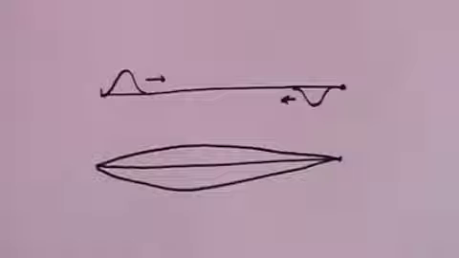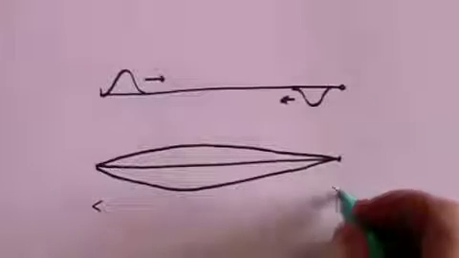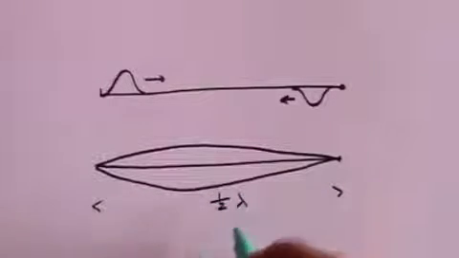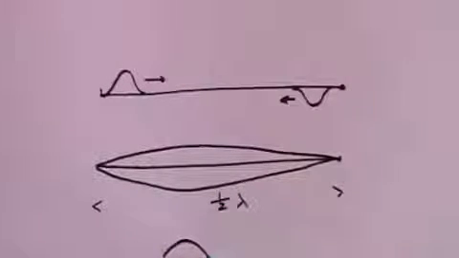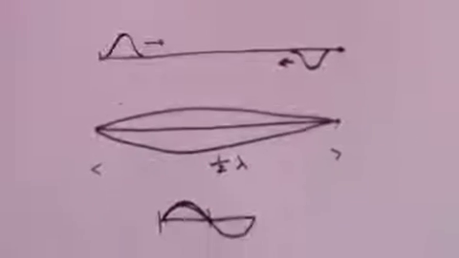And you can do that with a rope or a piece of string. And you'll see that the distance here is half a wavelength, because a full wavelength would be this distance, but we've only got that bit of it. So that's half a wavelength.